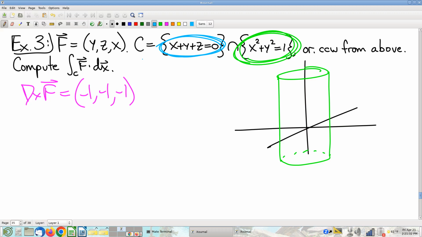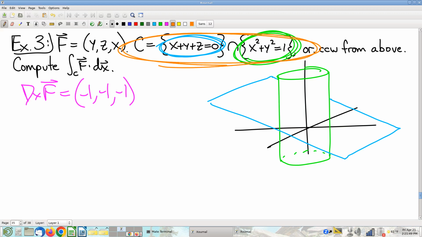So let me just take a whack at it. This is not perfect, but there's a plane intersecting it, and the intersection is kind of like that. So there's our curve.